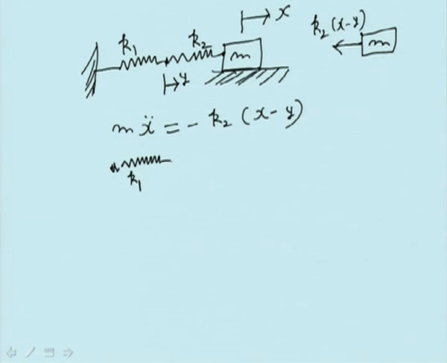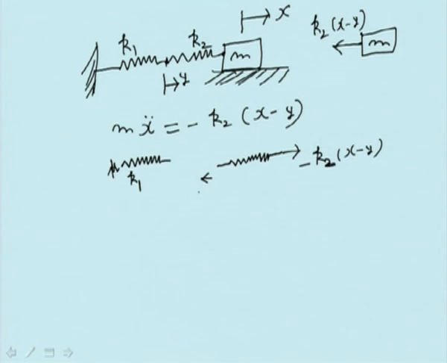Now this gets stretched by an amount y, so this force is minus k1 y. So now consider that spring k2 is subjected to a force minus k2 (x minus y), and this must be the same because the force is getting transmitted.